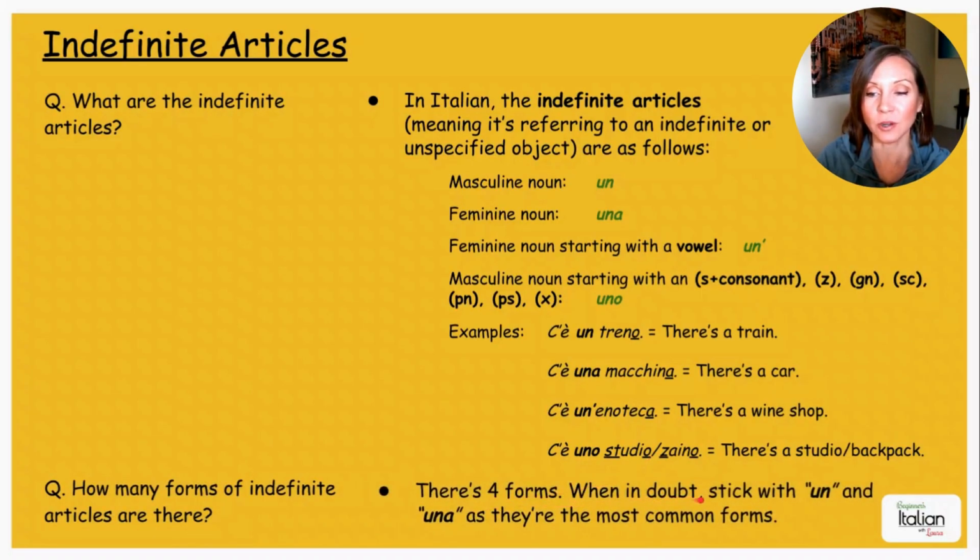When in doubt, stick with un and una, okay, as they are the most common forms, because most of the nouns are going to be masculine or feminine rather than all these guys here. So you should learn all 4 of them, obviously, but if you're in doubt, then just go with un or una, and you're more likely to be correct.